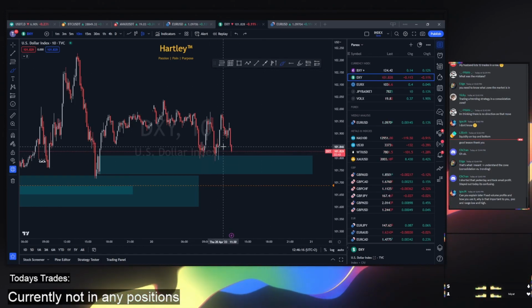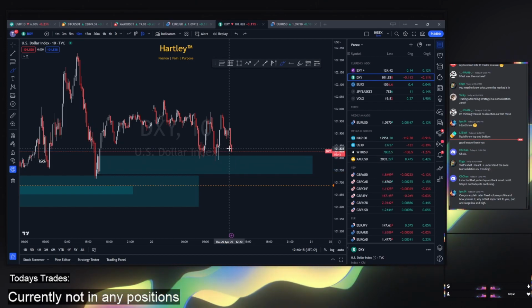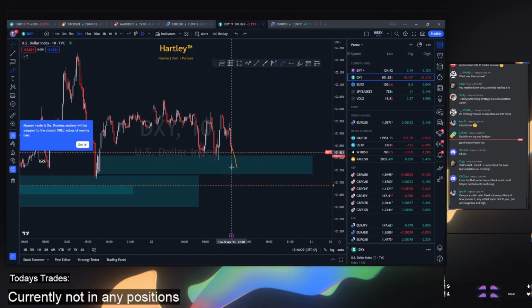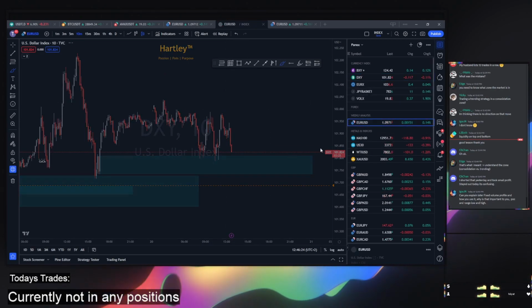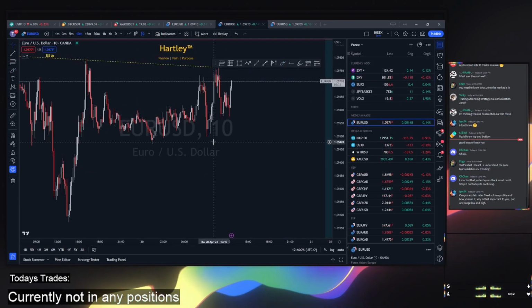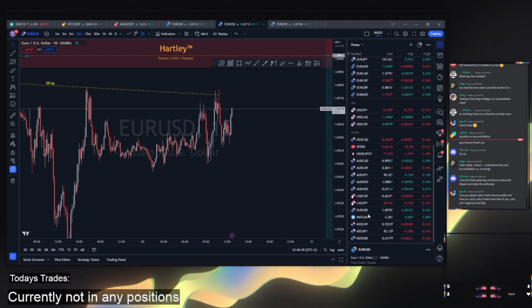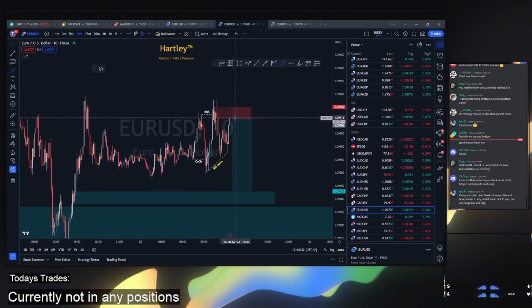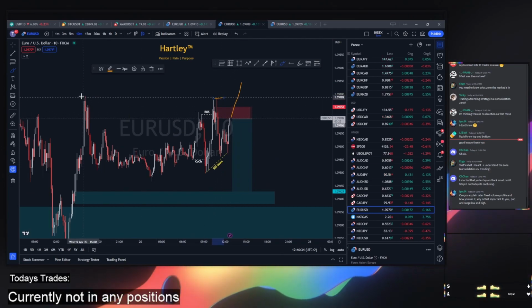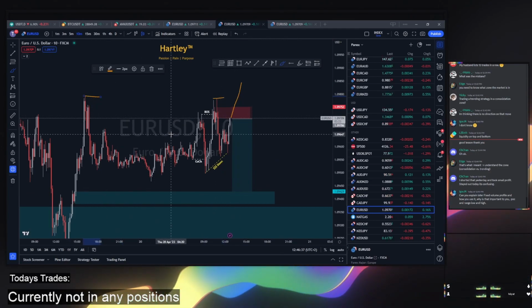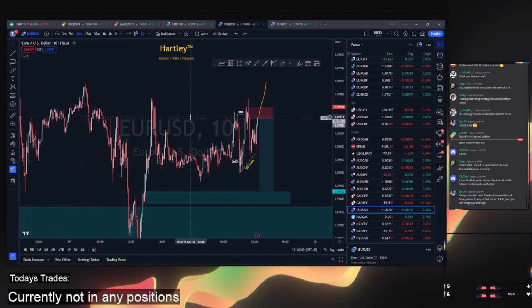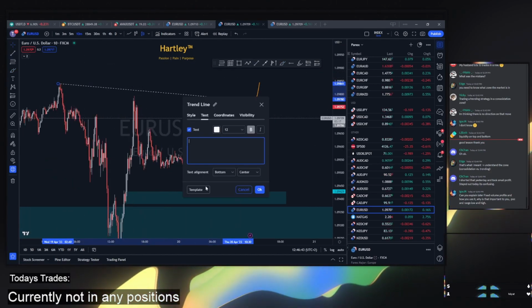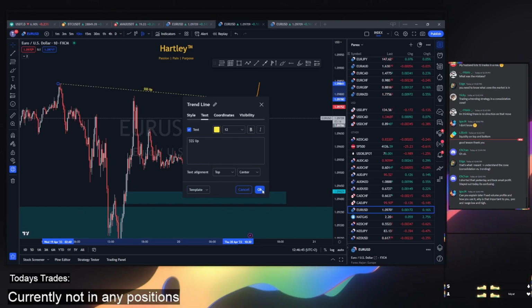The market has a reason to come down here. Like the dollar has a reason to come down because it can take out this resting liquidity, right? And the same way that Euro USD over here can go up to take out that resting liquidity and that resting liquidity over there, right? So you can see that there's also this liquidity here, right?